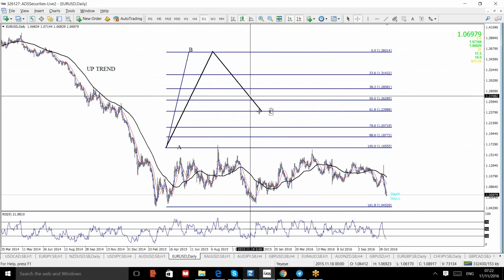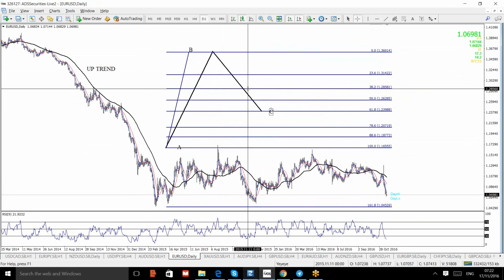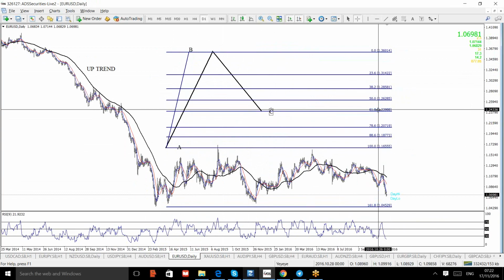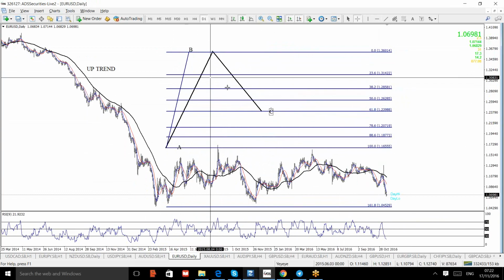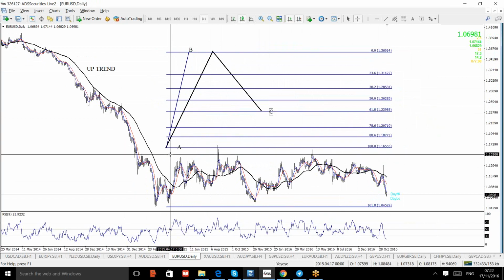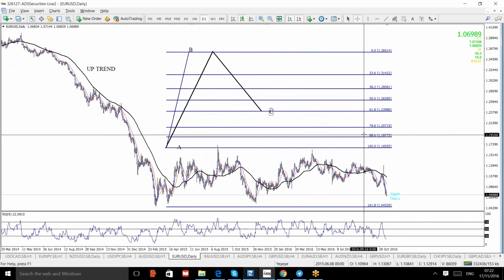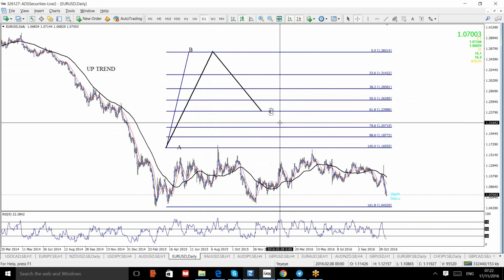A to B, the price came back and rejected and stopped at this level. We apply the retracement tool, right? It gives us the 61.8 Fibonacci. So we can say that the price had moved 61.8 percent of point A to B, guys. Everybody understand? And where it rejects, that is our point C, guys. Everybody understand?